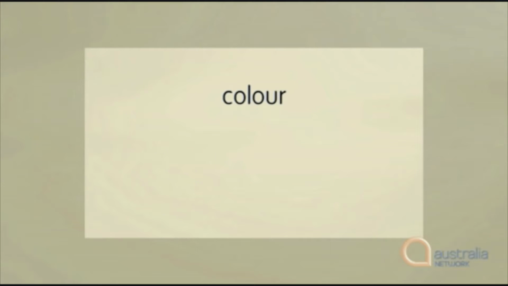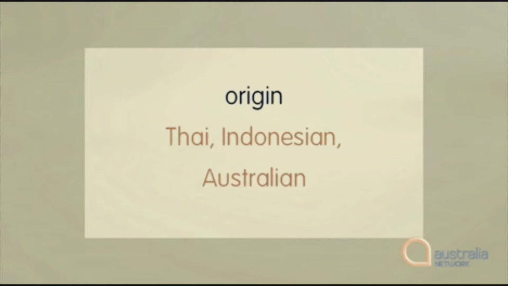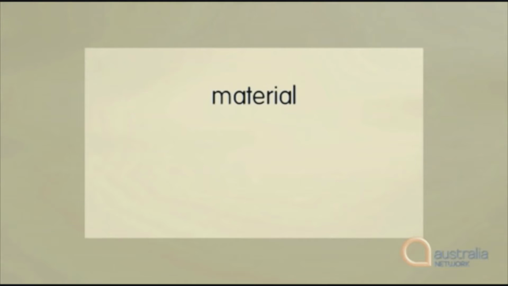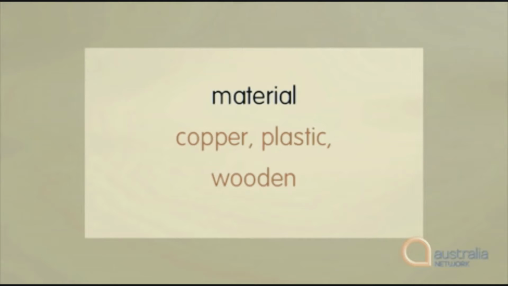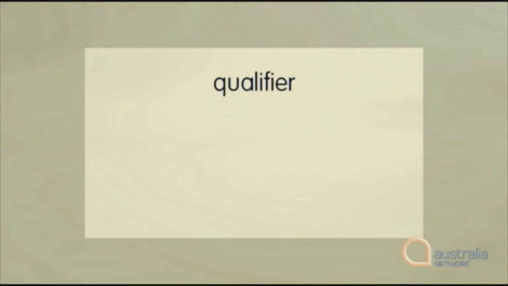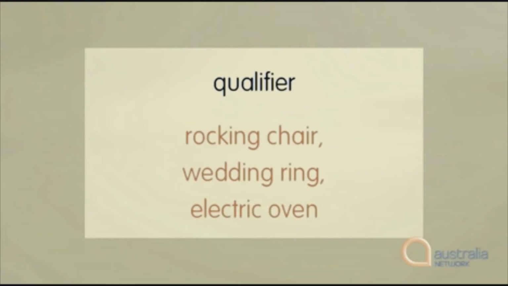A colour, like white, black or blue. Then we have adjectives that describe origin, where the noun is from. For example, Thai, Indonesian, Australian. Followed by material, what the thing is made of, like copper, plastic or wooden. Lastly is the qualifier. This is something that's an integral part of the noun. Examples might be a rocking chair, a wedding ring, an electric oven.